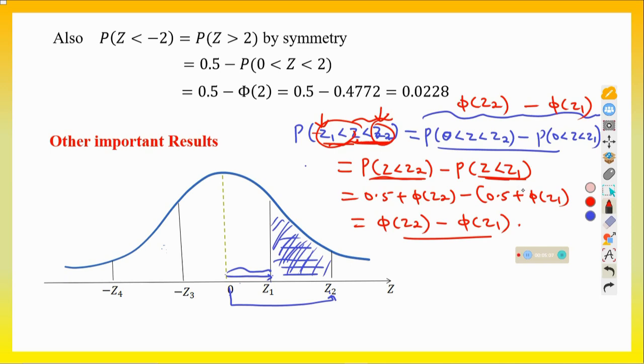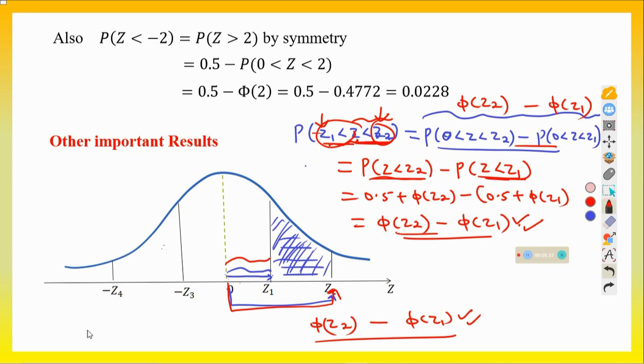When you do this, you'll be able to manipulate it very well. And this same expression is what you obtain if you use the curve. It means you are getting this probability minus this probability. From here up to here is the table reading of z2. From here up to here is the table reading of z1. You need the value which is here in between, so you will subtract. That is how we can easily manipulate that.